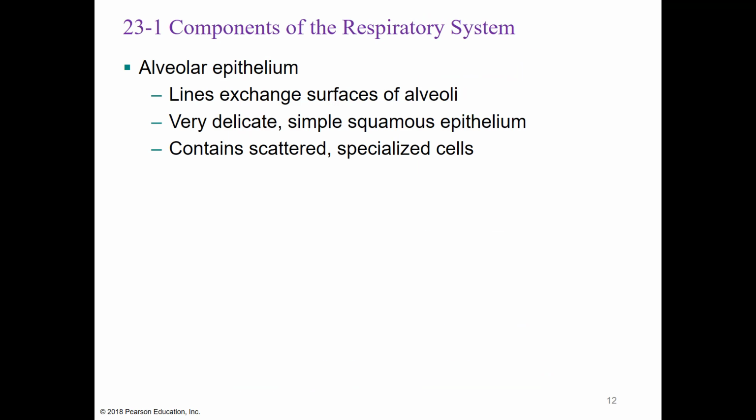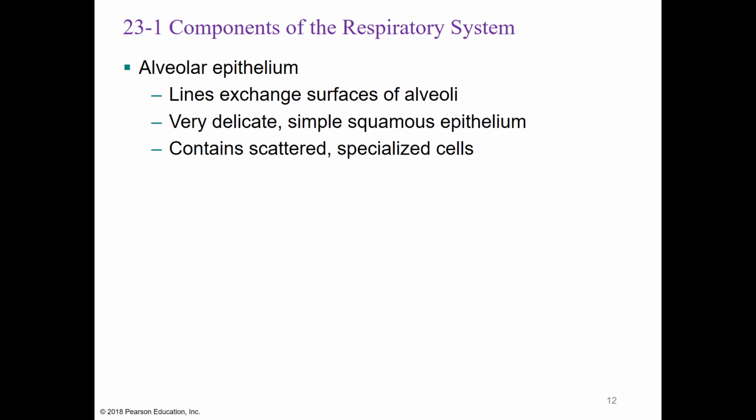So again, we'll come back to that and line it up in the full picture of the respiratory defense system. Alveolar epithelium is what's going to line the delicate exchange surfaces of the alveoli. It is very delicate, simple squamous epithelium.